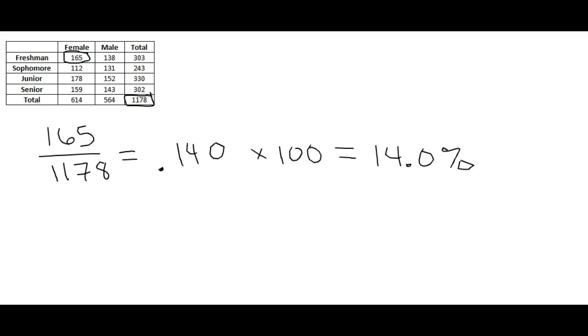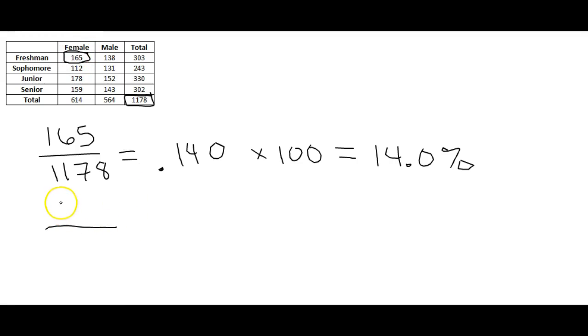So let's take a similar question. Instead of asking what would happen if we picked one student out of the entire population who is both a female and a freshman, what if we said, what's the probability of picking a female student from the freshman class? So this time we are not using the entire student population.